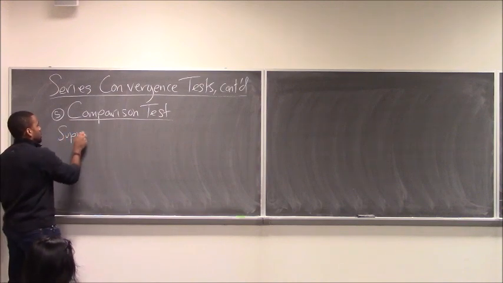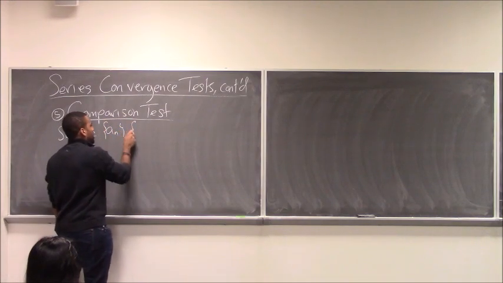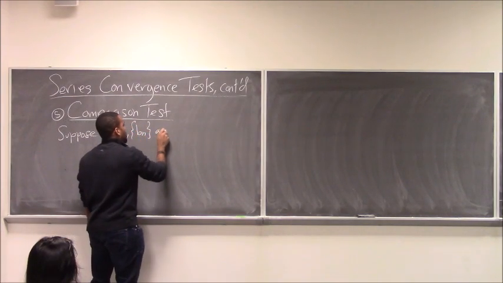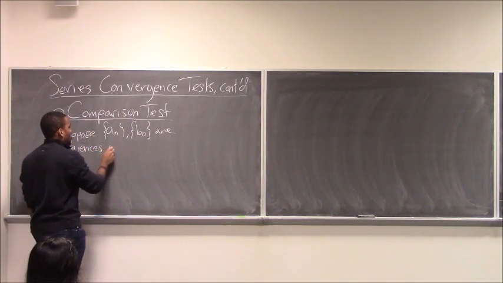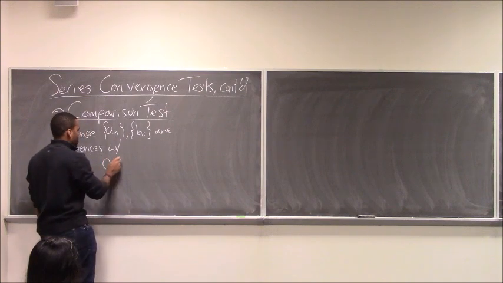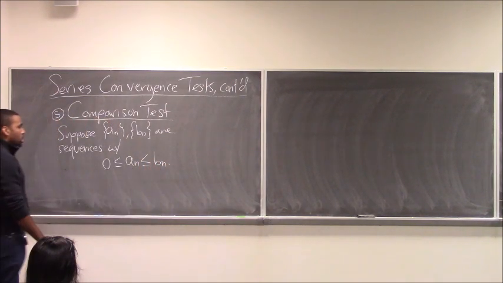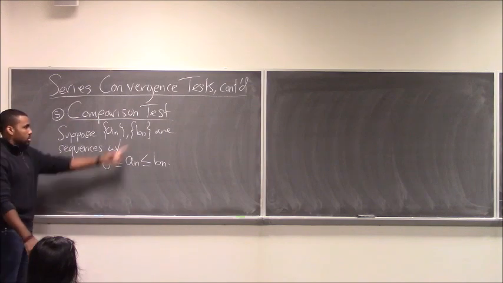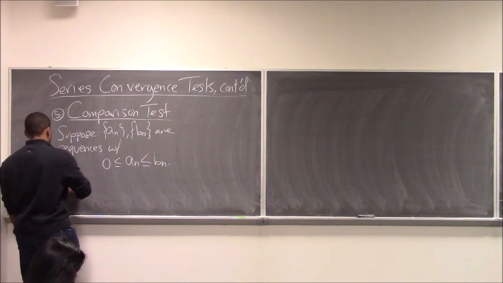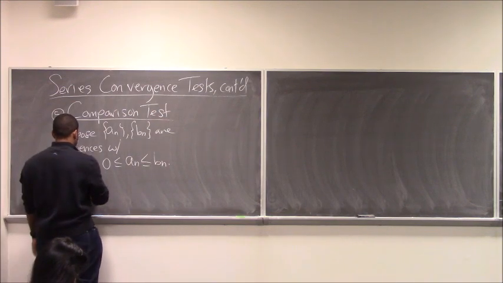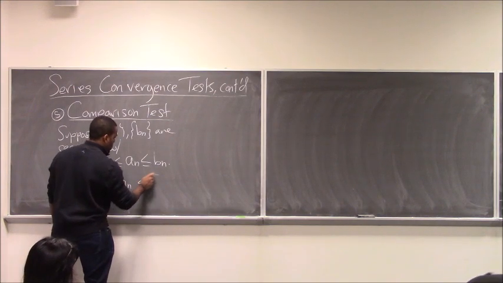Suppose An, Bn are sequences with the following relationship. For any given term, the term of this sequence is always larger than the term of that sequence. Then it turns out that their sums would actually maintain the same inequality.